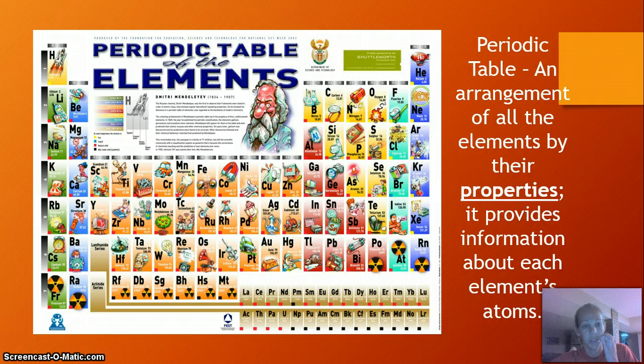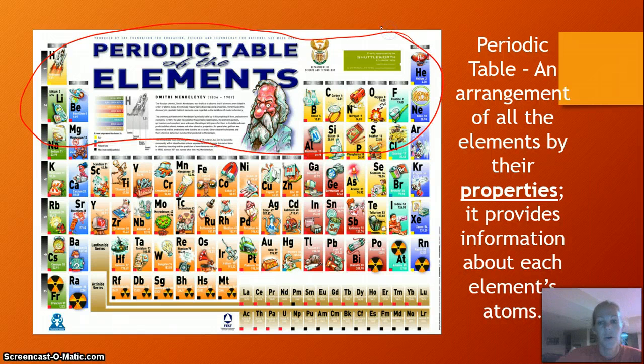And it provides information about each element's atoms. Within a couple days, you will be able to draw a diagram of any of the elements on the first probably 2 to 3 rows of the periodic table.